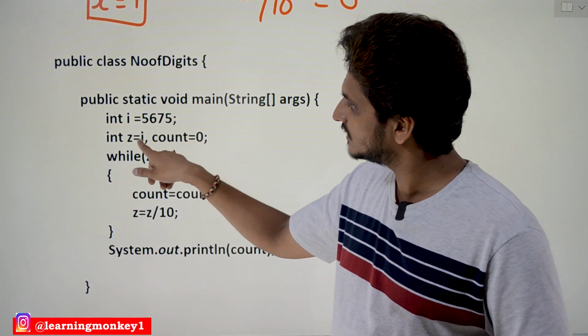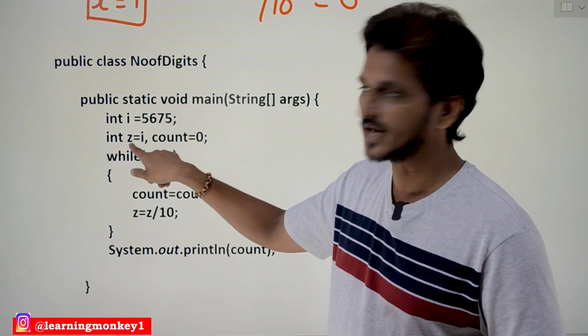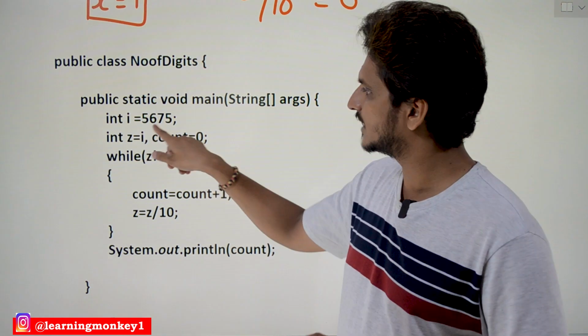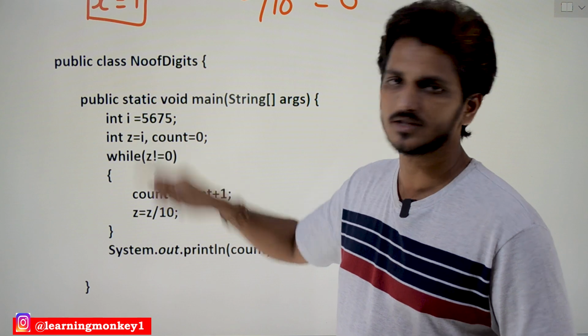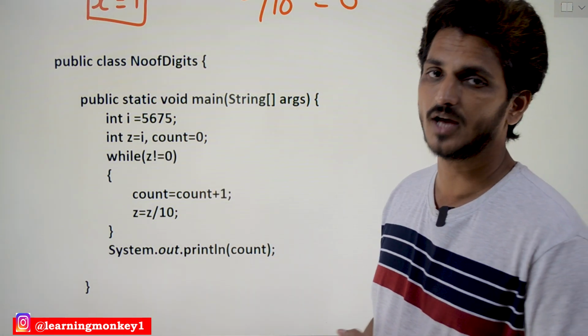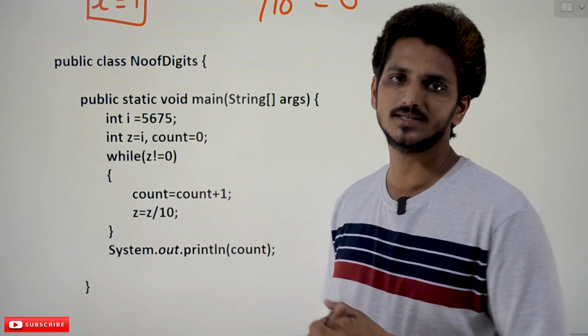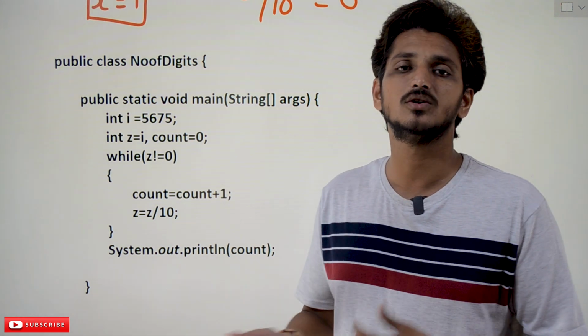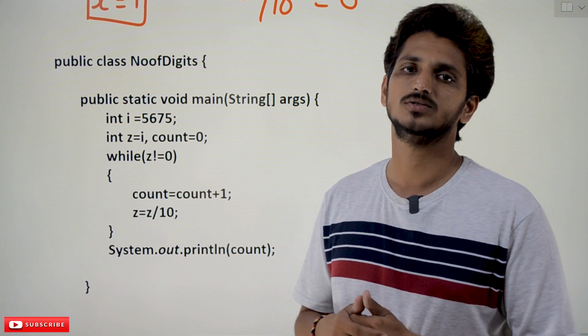That's why we are taking this value into another variable called z. z is equal to i, which means z consists of 5675. And we are taking another variable, count. Initially count is equal to 0.